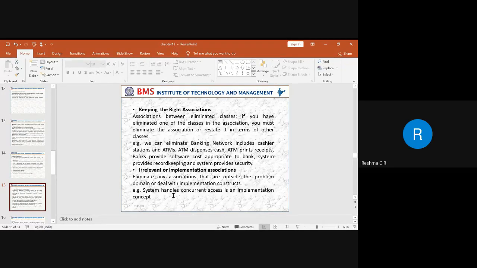For example, system handles current access is an implementation concept. We are trying to identify how the system can be accessed, and in what way the system provides services. All these things will be identified, and that has to be modeled in a proper way.